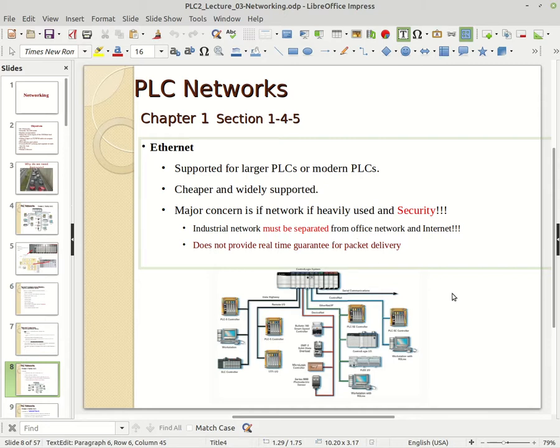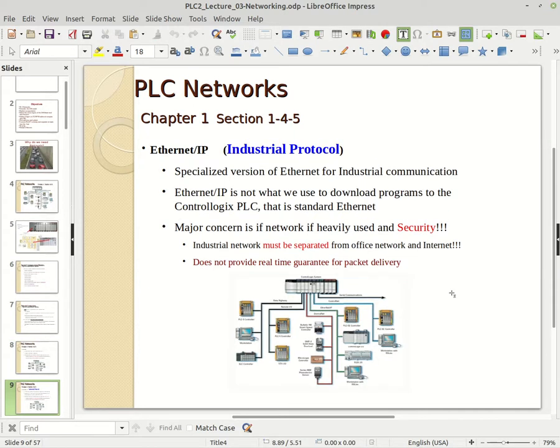How long is it going to take for the message to get from one device to another, where most of the other protocols that we are going to discuss here actually are dedicated to guarantee that real time.